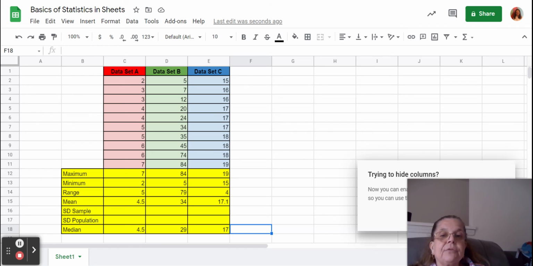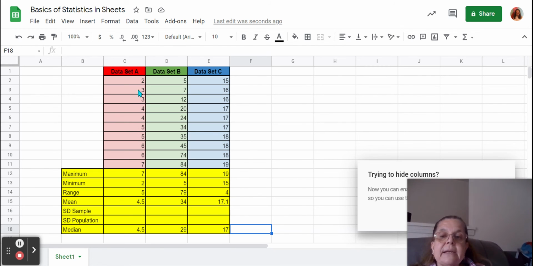It's the average distance from the mean. So 4 is a half spot away from the mean on a number line. 5 is a half a spot. 4 is a half. 5 is a half.